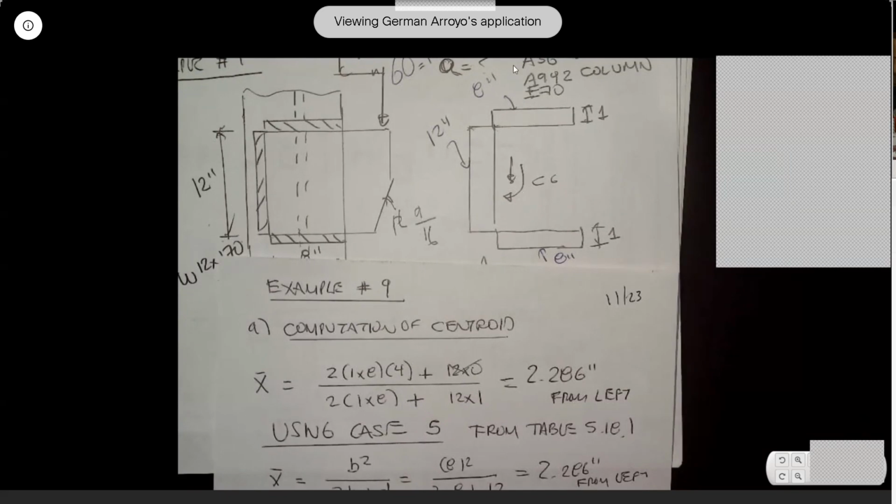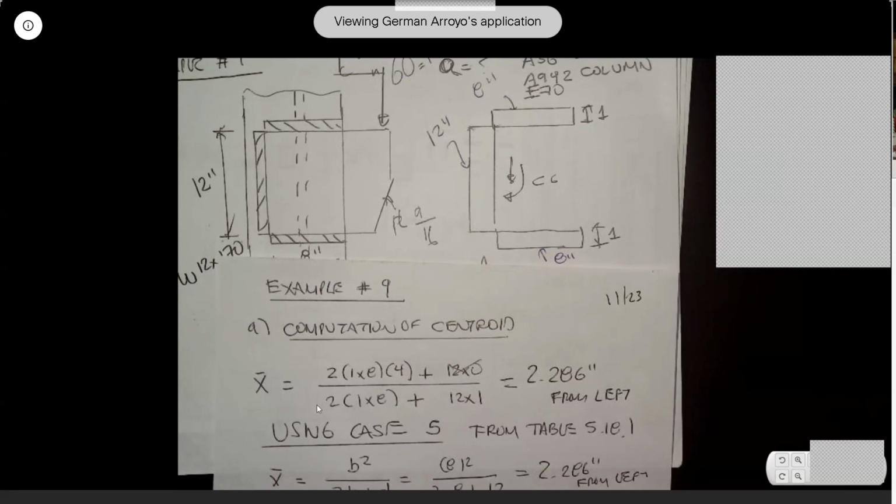The one that we don't know is the vertical, the y. So we need to find the x bar. Look, I'm using this line as a reference, so my reference is going to be this side. So I'm saying the location of the centroid is 2 times 1 by 8, times 1 by 8, plus, since this is a line, 1 for the computation, but this line doesn't have a distance, that's why I put in 0.